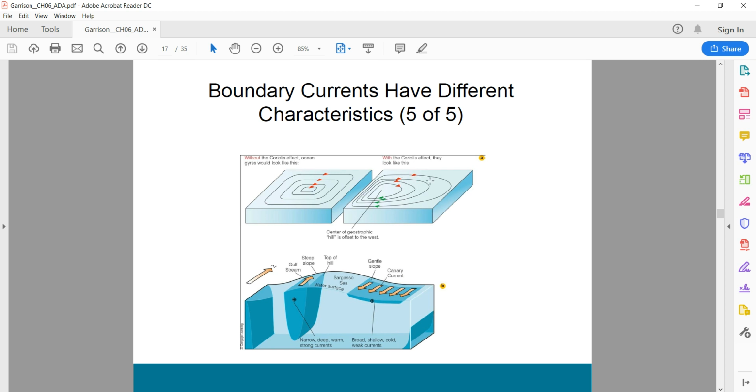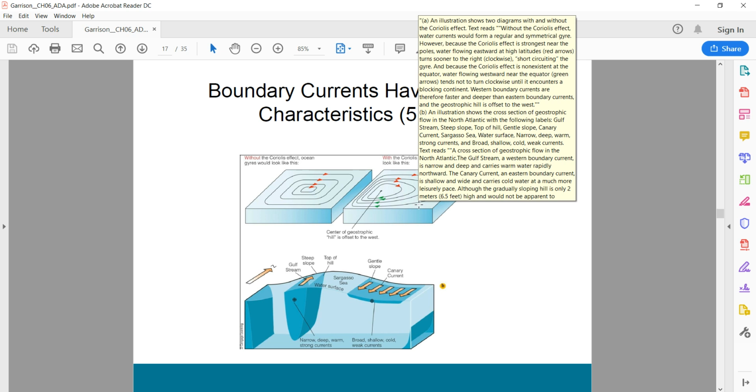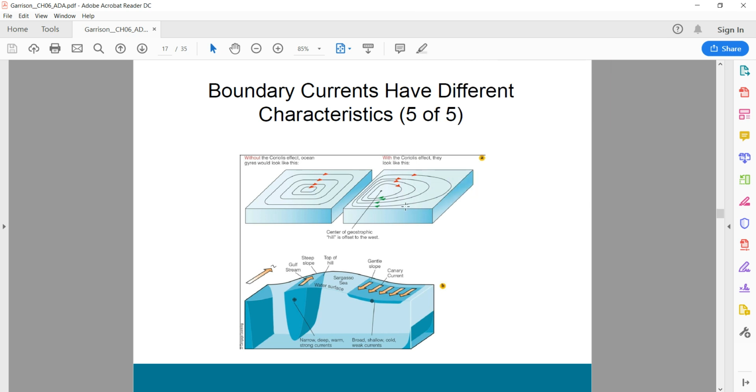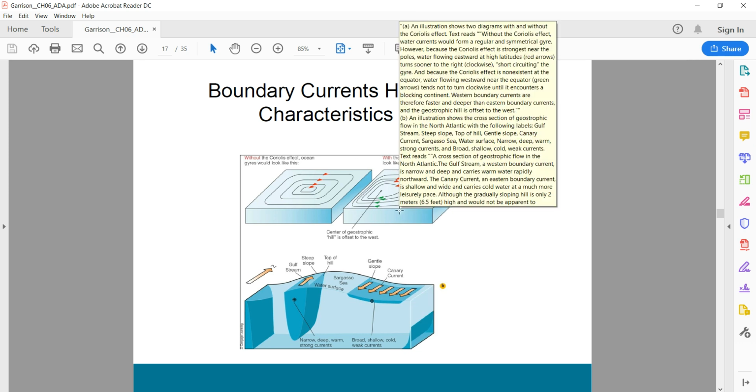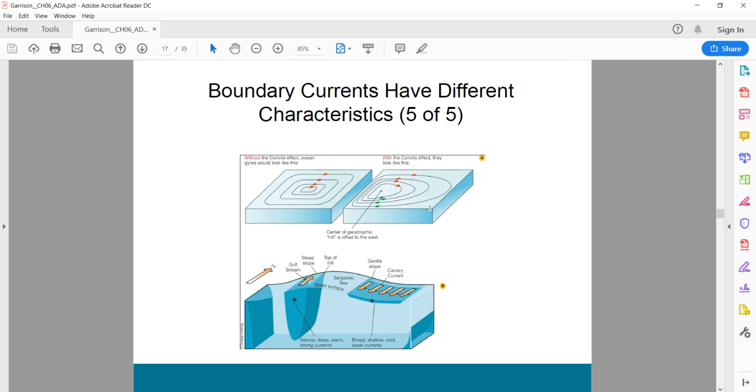So these lines will start to bend earlier, and it's kind of a crossed circuit, this effect that you see. And also the center of mass of this circulation current shifts westward because of the Coriolis effect. It moves the center of mass of this circulation pattern westwards.